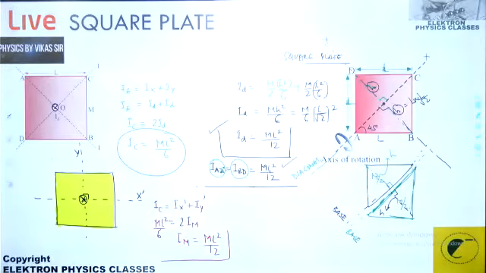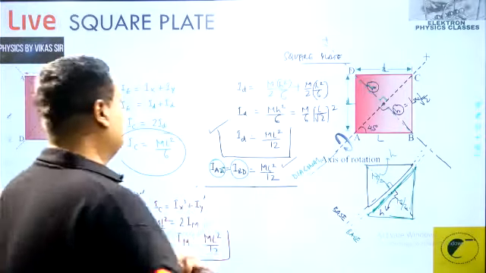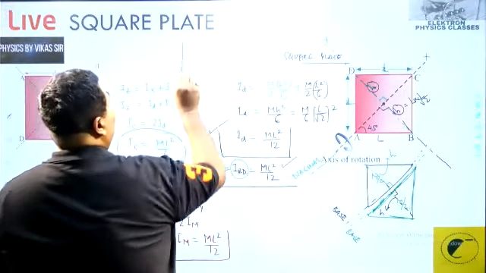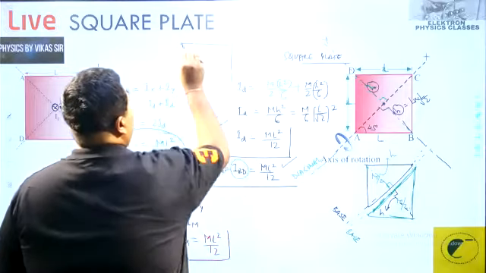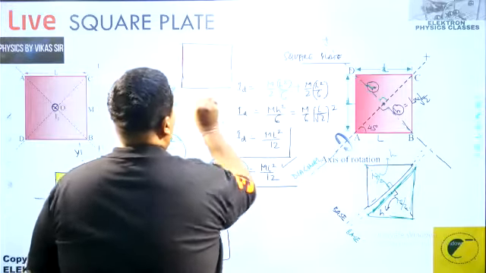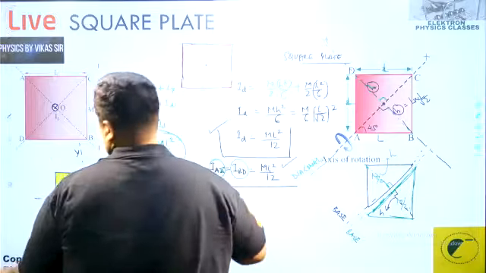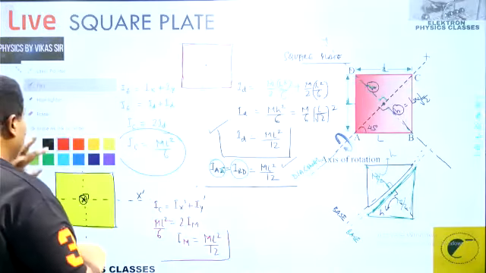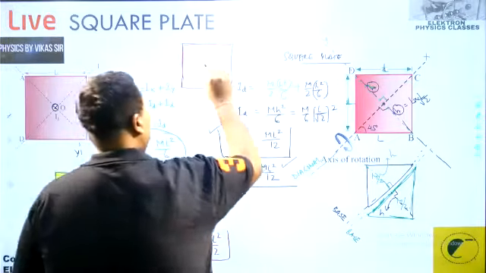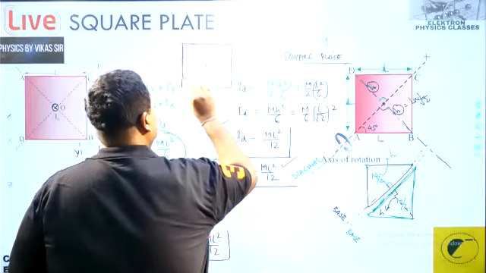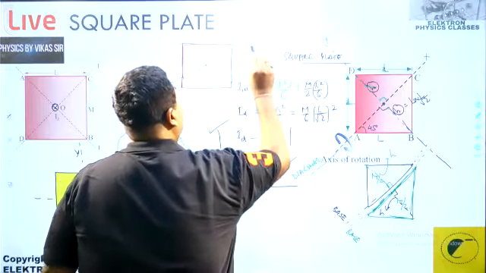And for the fun fact, in this square plate, take any axis, repeating, any axis which is passing through the center, like this.